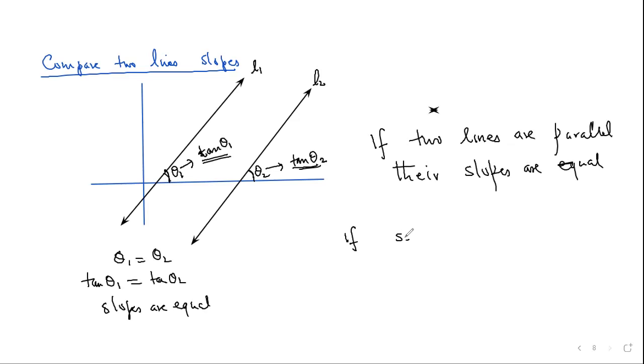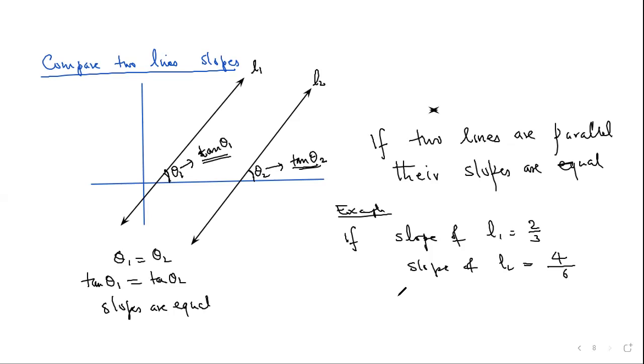So if the slope of L1 is 2 by 3, and the slope of L2 is 4 by 6, what can you say about L1 and L2? 2 by 3 is equal to 4 by 6.